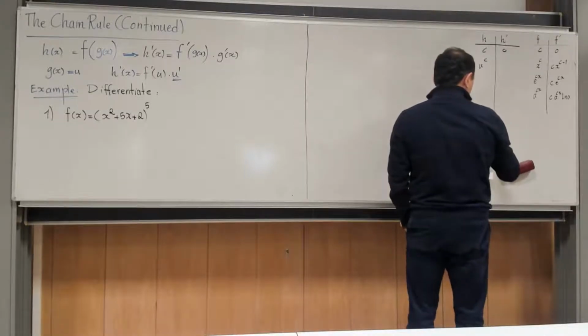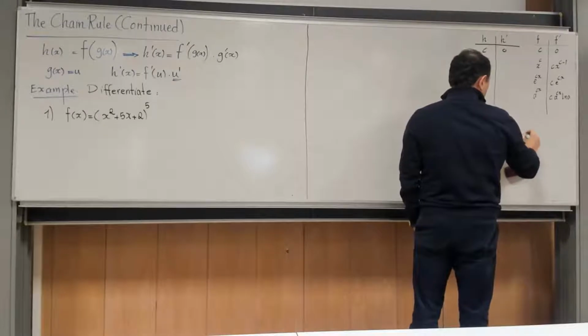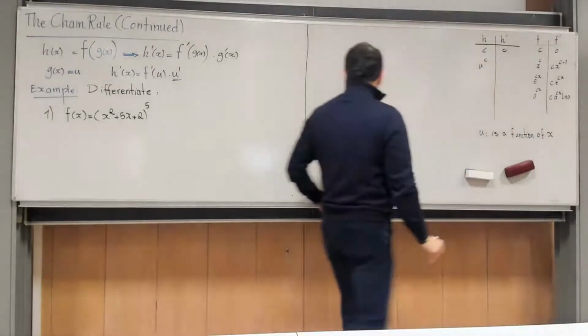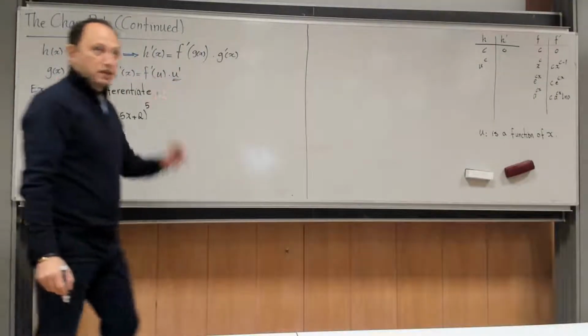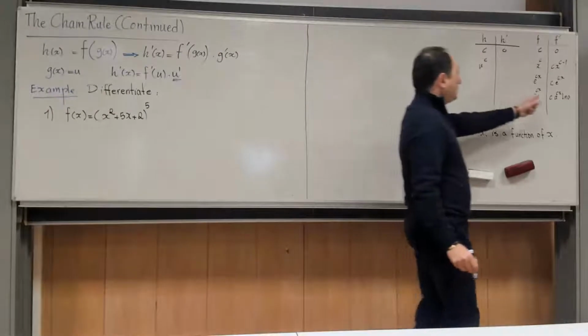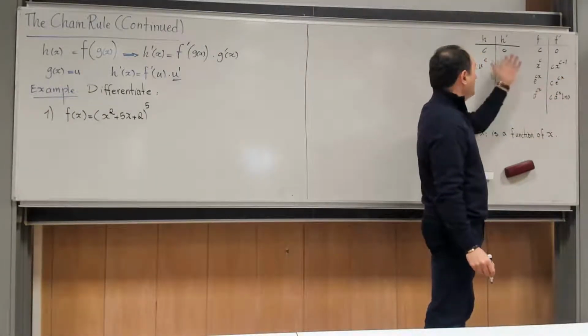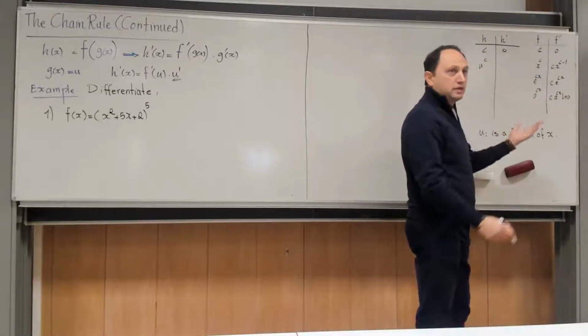Okay, so u is a function of x. So you see, u is itself a function of x, not just x. If that is the case, so this will be given only to you. This is the only table that you will have in the exam. You need to understand the chain rule version of it yourself. And that's very, very easy.